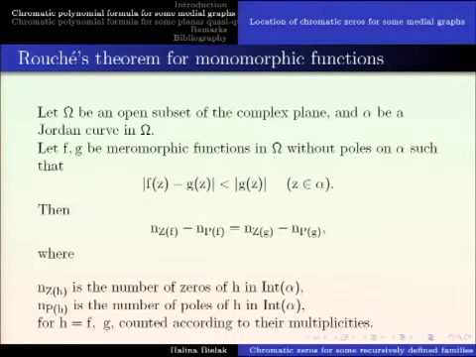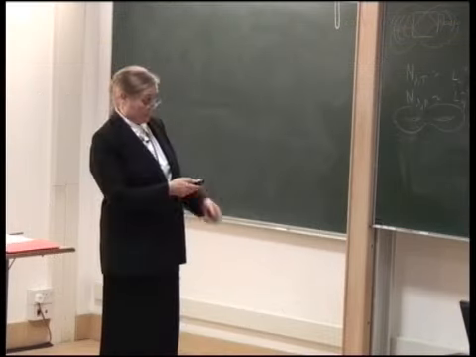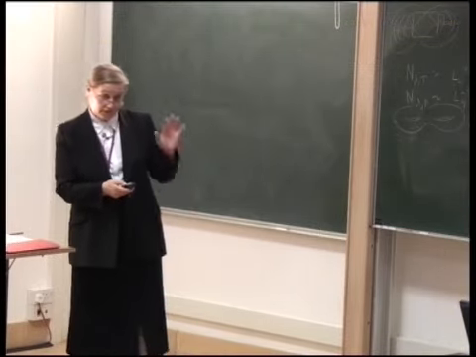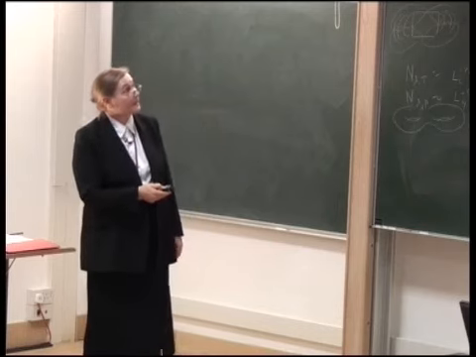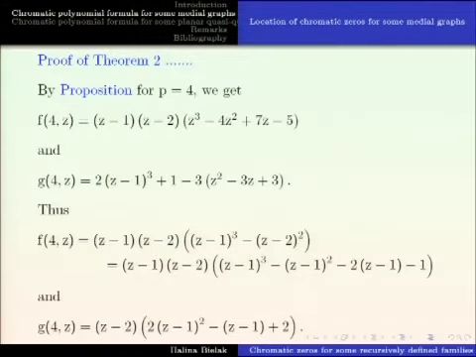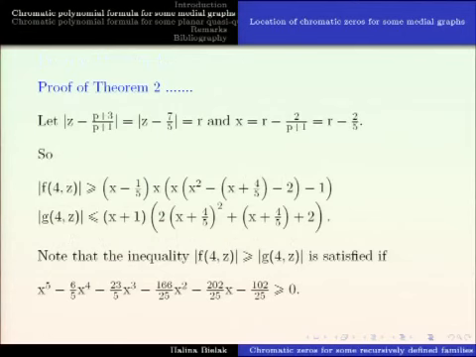This theorem lets us count how many zeros are inside a Jordan curve. For some special cases, if we consider a polynomial, we can really use this theorem. So for this case where we consider p equal 4, we can have such explicit formulas for f and g, and we can count a lower bound for the moduli of this function and an upper bound for the moduli of these functions.